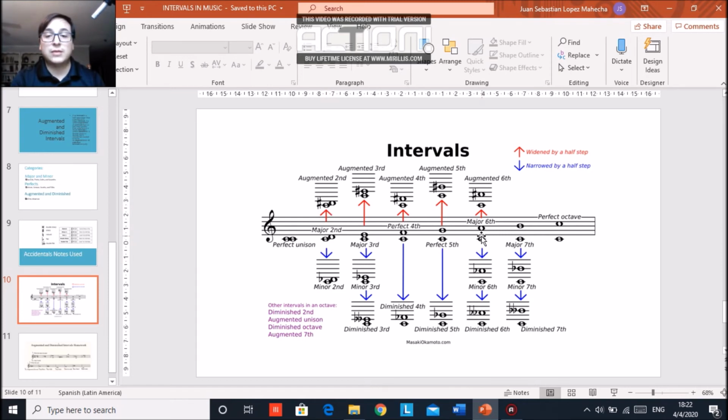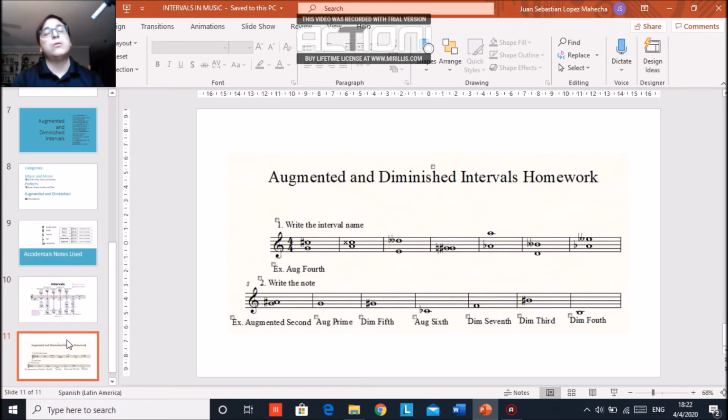Basically it's the same with the major sixth and with the major 7. If we add a half a step to the major 7, we will get an augmented 7th. Or in this case, minor 7, and a half step lower than the minor is going to be a diminished 7th. Okay, so now let's go to our homework.